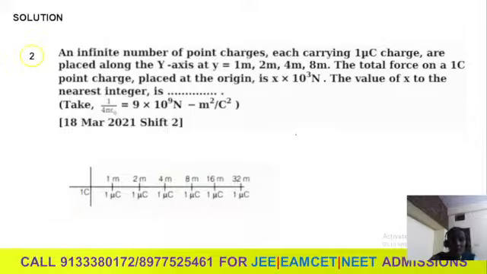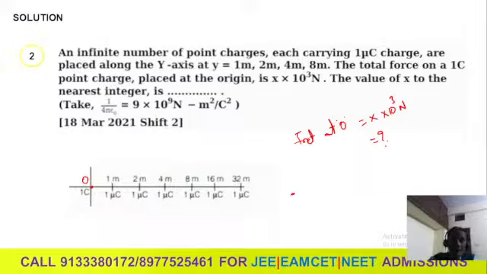The meaning is F net at O is given as x into 10 power 3 Newton. What is this x value they're asking?